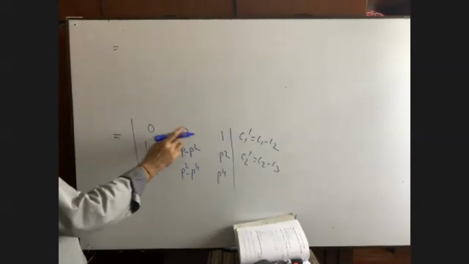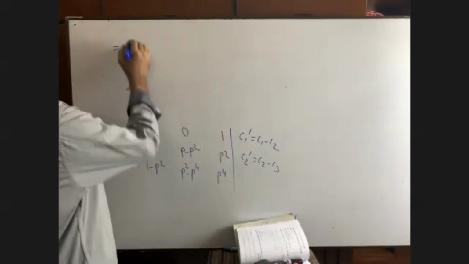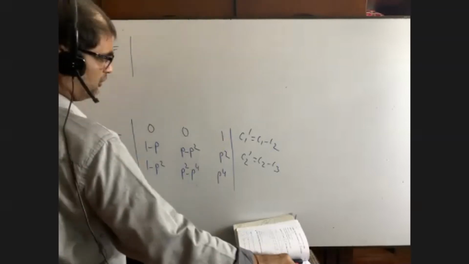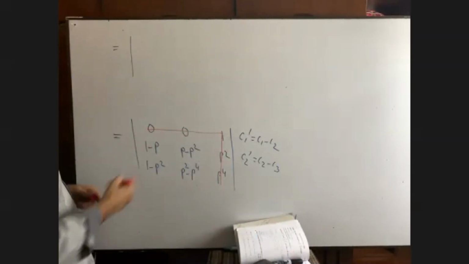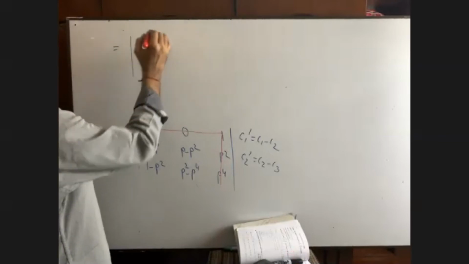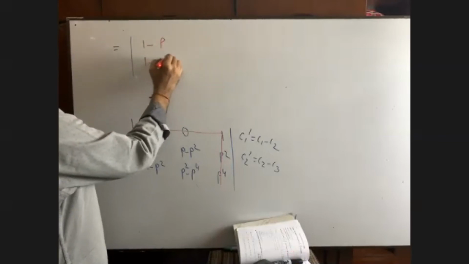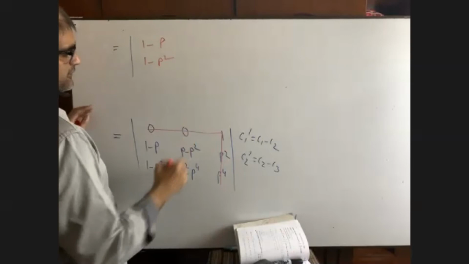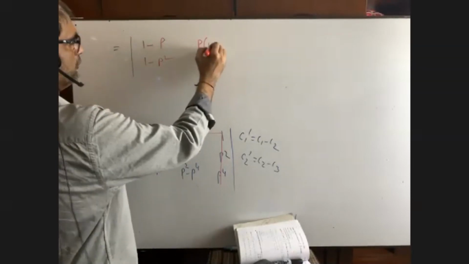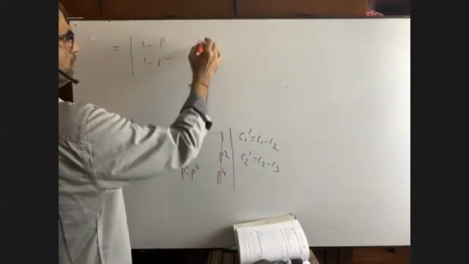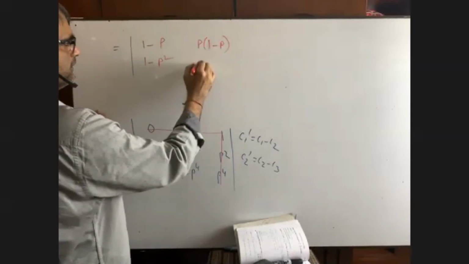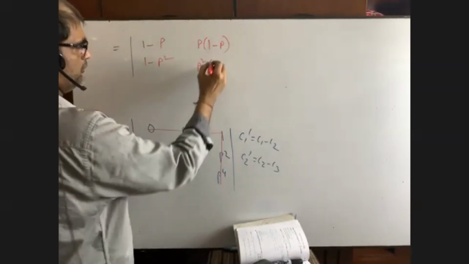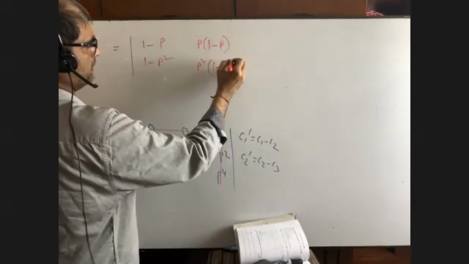It is 0, 0, 1. Its position value is positive. So if I consider this one now, this and this will be omitted. So we'll be left with 1 minus p, 1 minus p square. Here, what is that? P into 1 minus p. Here we are left with p square into 1 minus p square.